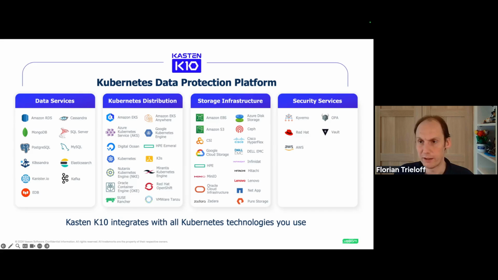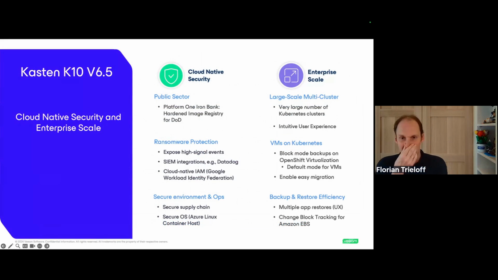If we look at what happened in the last release, there were some very important topics, especially about the public sector. Our container images are built the best way we can build them. They are checked for vulnerabilities and so on.